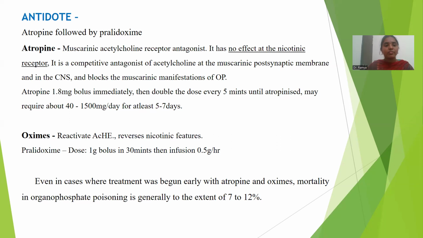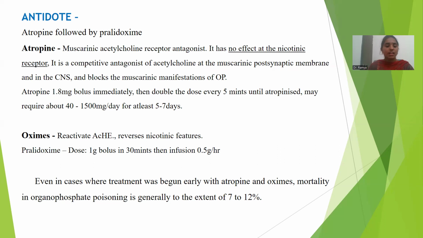Atropine 1.8 mg bolus is given immediately after the patient is diagnosed with organophosphate toxicity. Then the dose should be doubled every 5 minutes until atropinized. Until atropinized, it may require about 40 to 150 mg per day for at least 5 to 7 days for the patient.